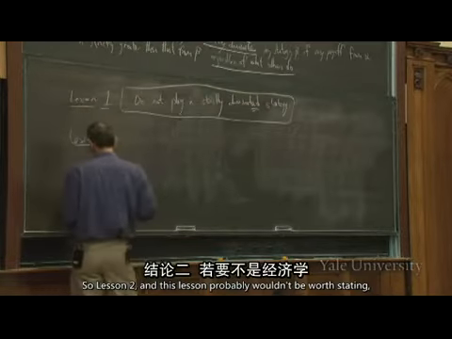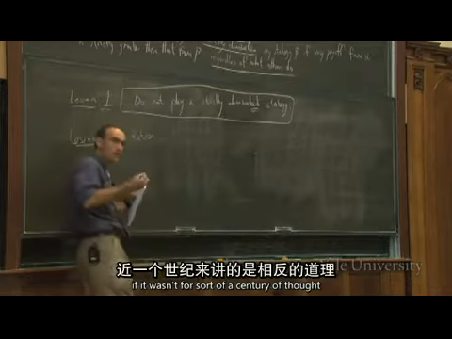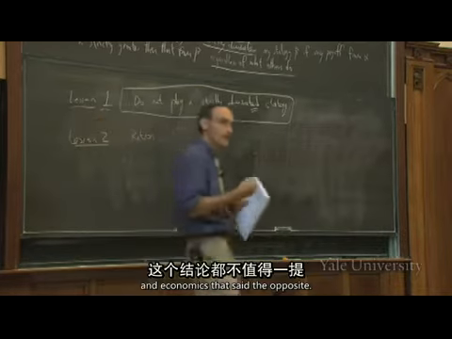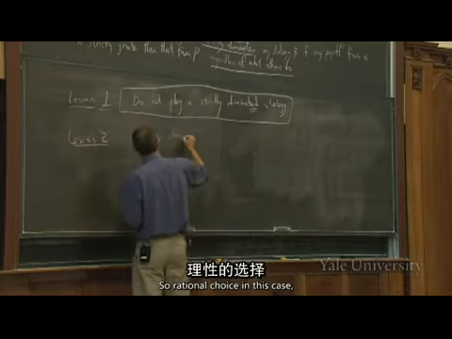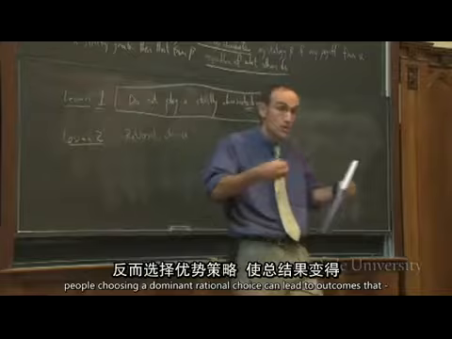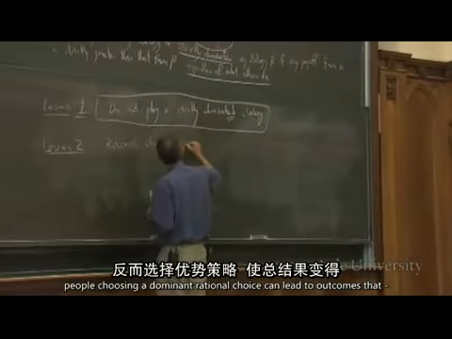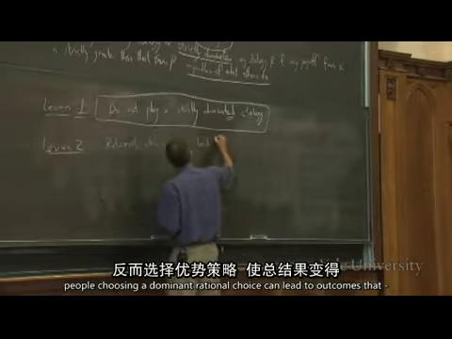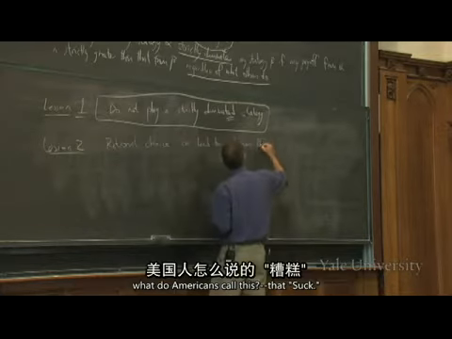So lesson 2, and this lesson probably wouldn't be worth stating if it wasn't for a century of thought in economics that said the opposite. So rational choice, in this case, people not choosing a dominated strategy, people choosing a dominant strategy, rational choice can lead to outcomes that, what do Americans call this?